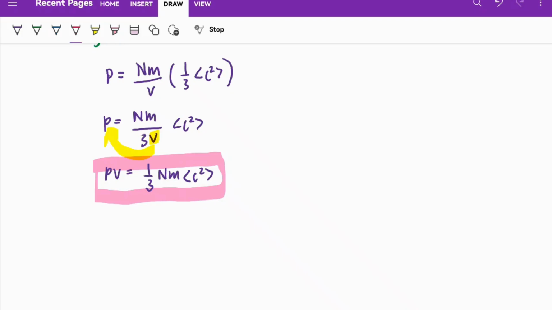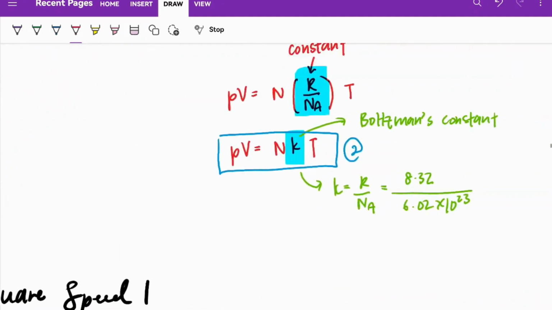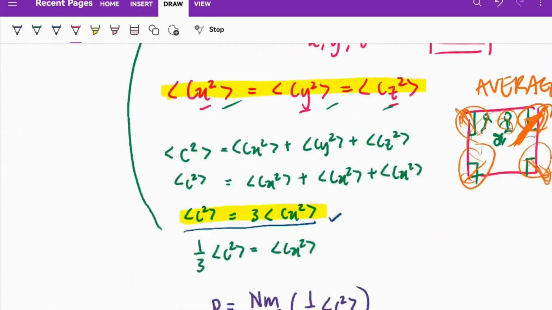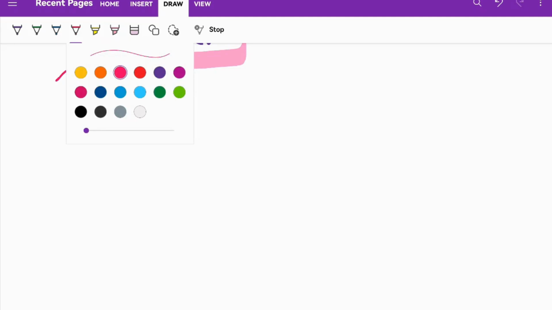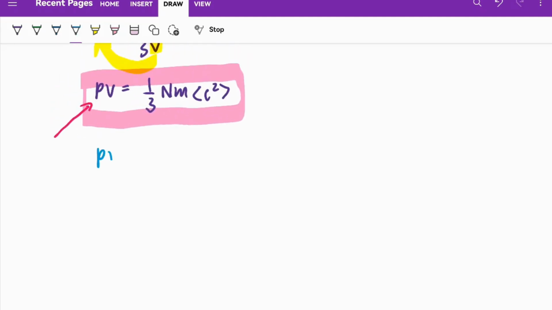Now, look at the subject. Is it quite familiar to you? Remember, in the ideal gas equation, we derived something called PV equals NkT. Can we make use of that? Of course, we can. Okay, let's be colorful today. Let me write here PV equals NkT.